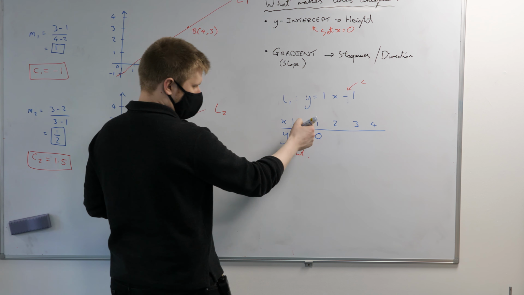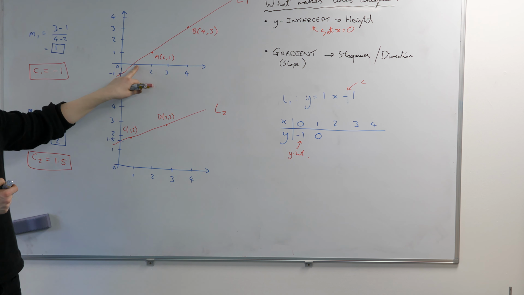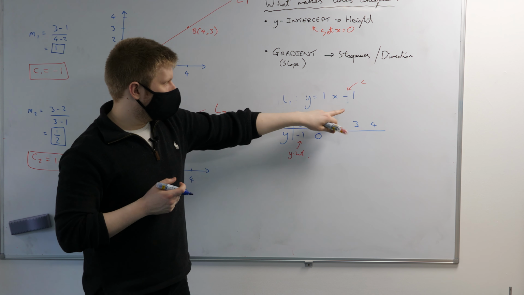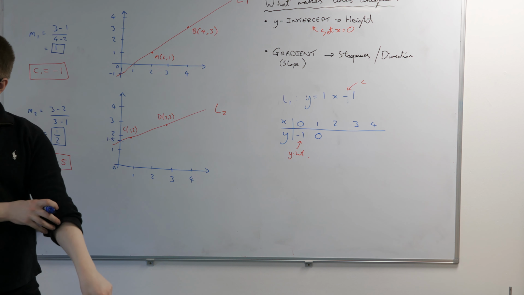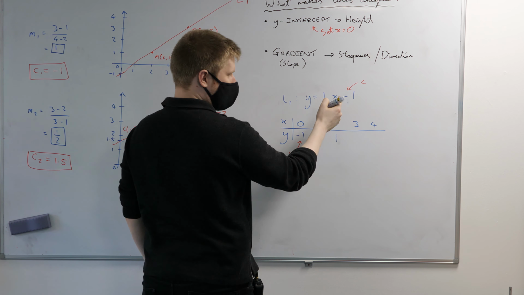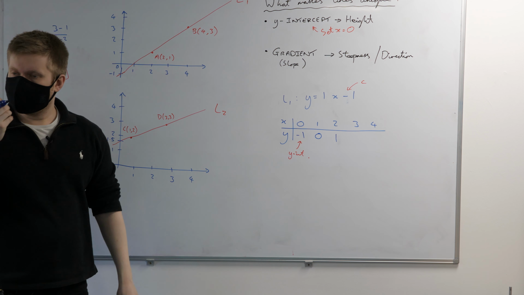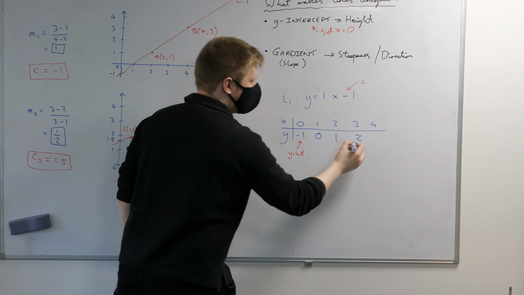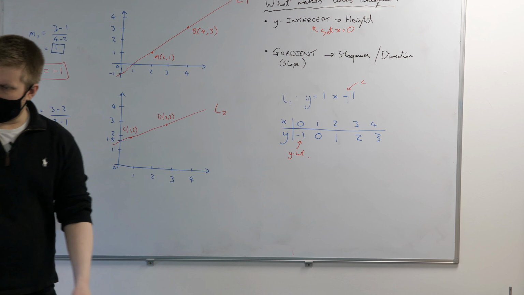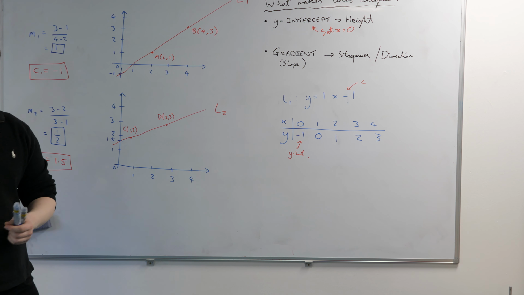So in other words, the next point is 1, 0, and you can see that on the line there. Makes sense? All right, what happens if I stick 2 into this equation? 1. What happens if I stick 3 into this equation? 2. And what happens if I stick 4? 3, good. So watch what's happening every time I increase an x value.